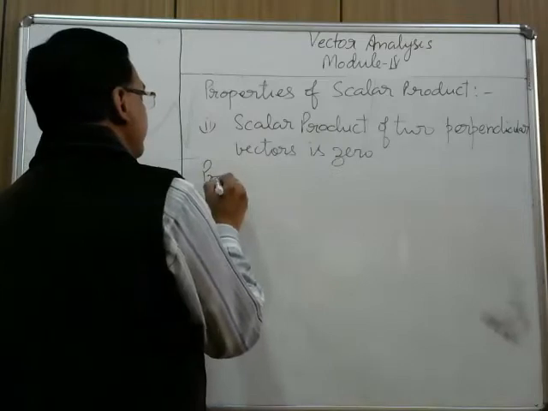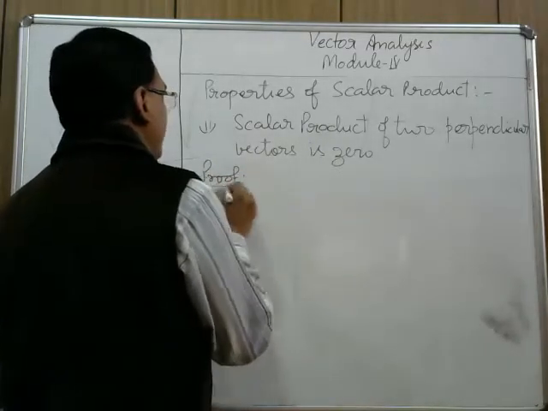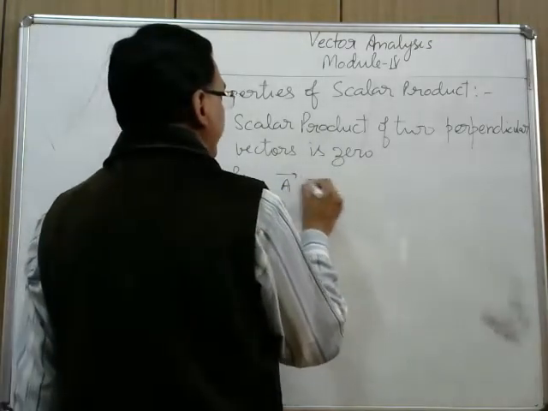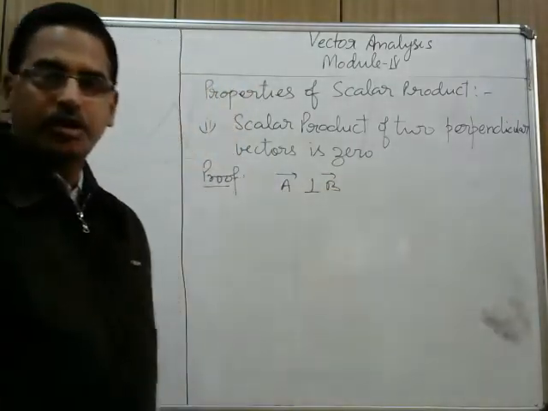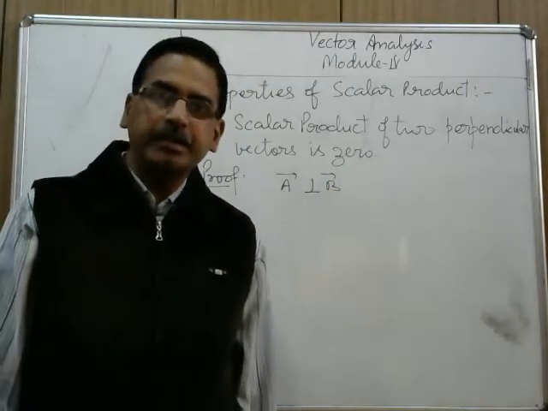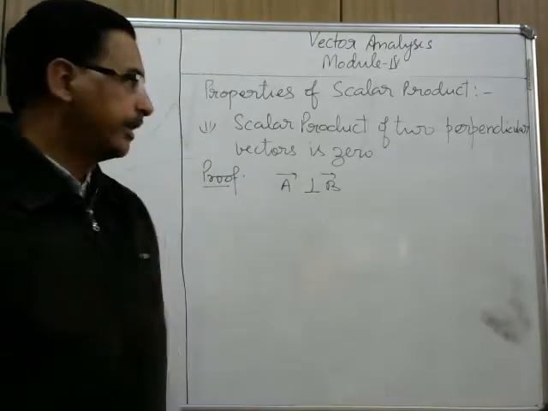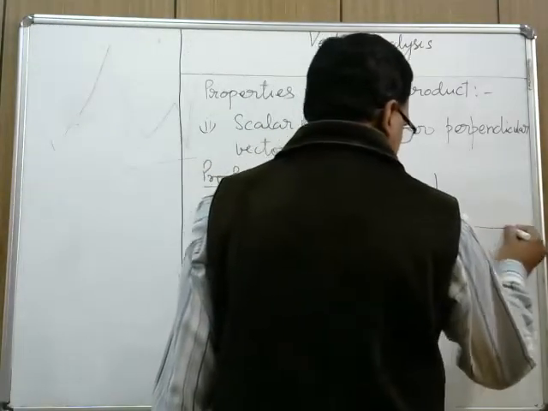Now proof of this. Let us consider two vectors A and B such that vector A is perpendicular to vector B. It means the angle between vector A and vector B is 90 degree.